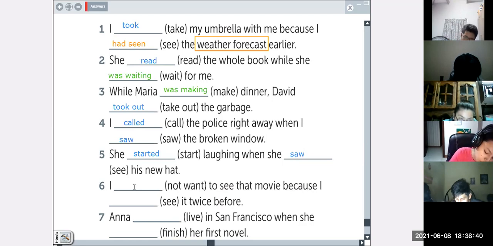Number 6. To see that movie because I twice before. What can we say? I to see that movie. What do you think, Nahuel? What do you have in number 6?